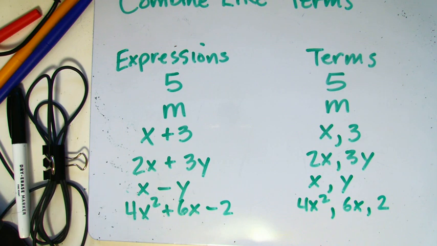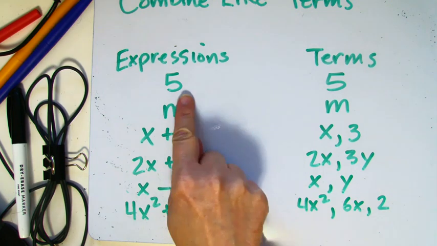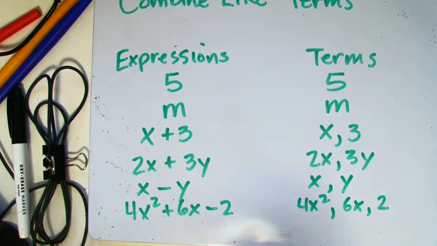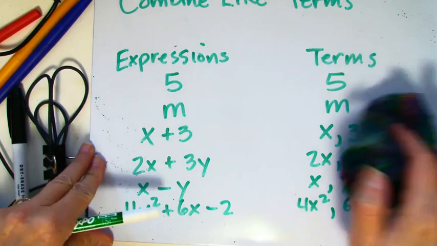Now let's talk about like terms. We can combine like terms, or terms that are similar. If they're constants, like 5 and another number, say 3, we can combine those and make a total of 8.